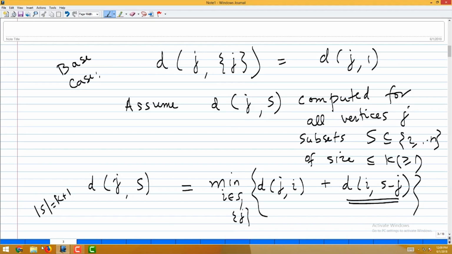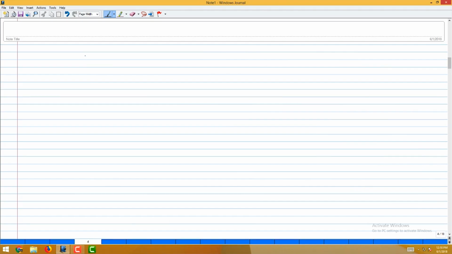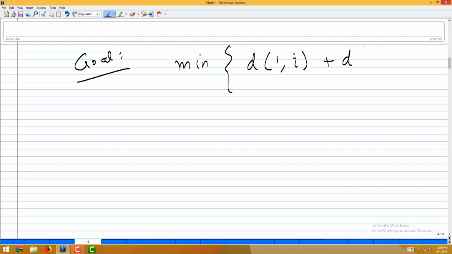And what is my final answer? I want a Hamiltonian cycle. So, what is my end condition? The final answer would be the minimum over i, where I start from 1 and go to some i, and then I compute D(i, V minus 1).